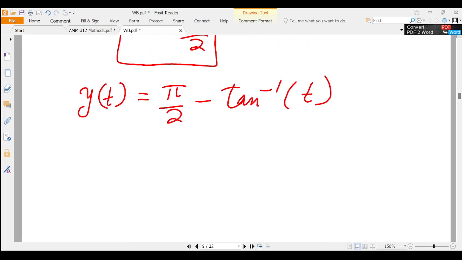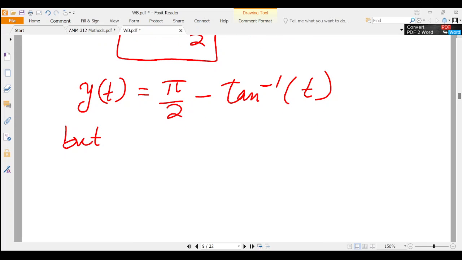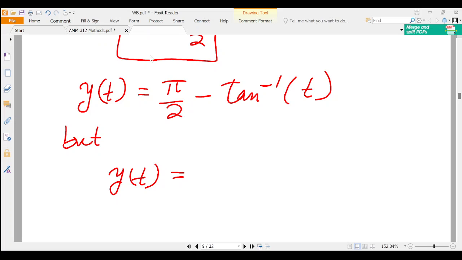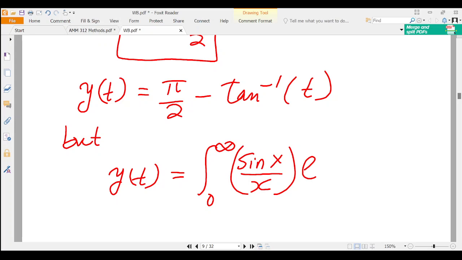But what do we have initially? We know that y of t was, from the beginning, taken to be the integral from 0 to infinity of sine of x divided by x times e raised to power negative tx dx.